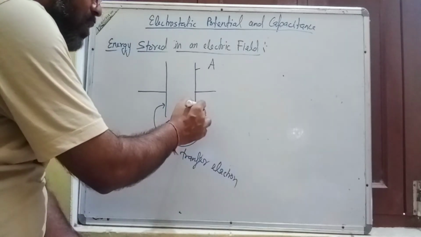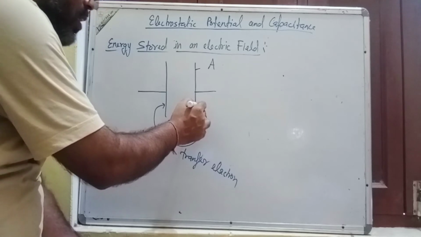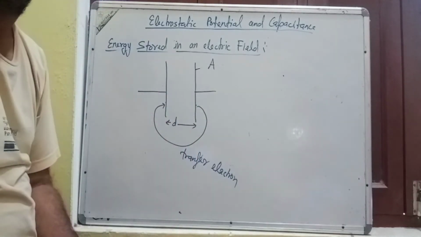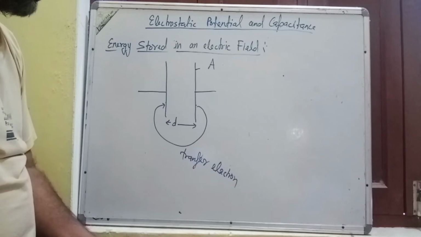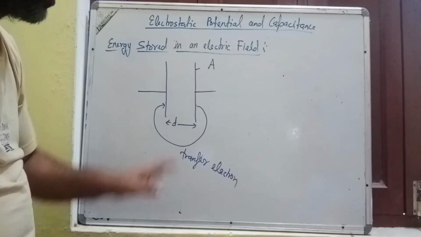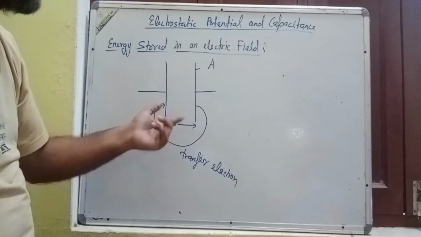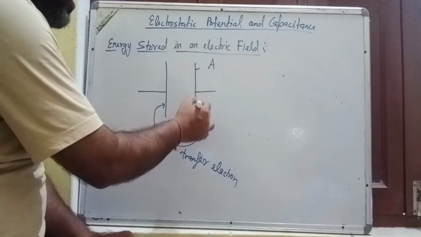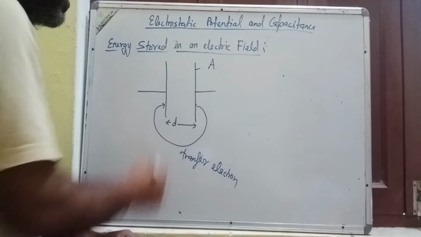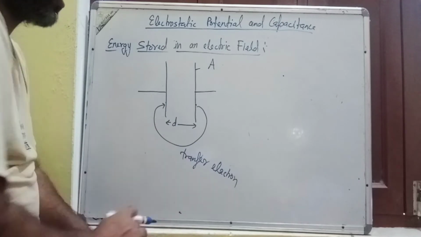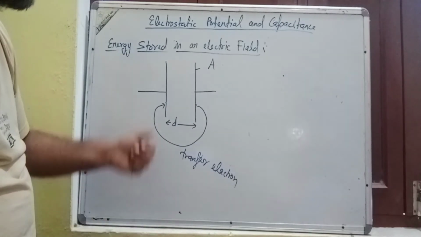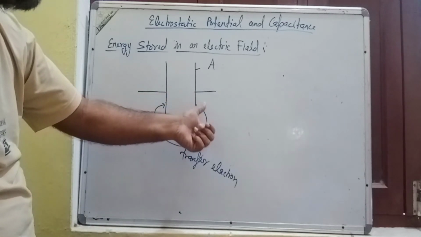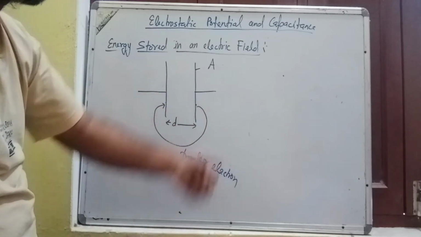We pick negative charge from this plate and transfer it to the other plate. This process will be done by a battery. When we connect the battery, the negative terminal of the battery transfers charge to this plate, and the positive terminal picks up charge from the other plate of the capacitor.